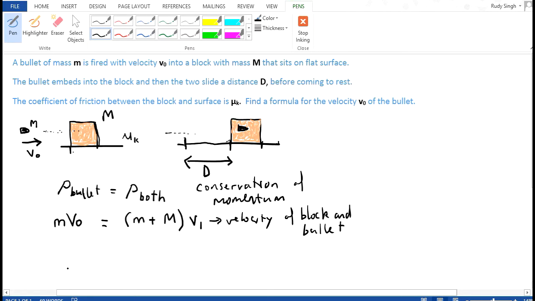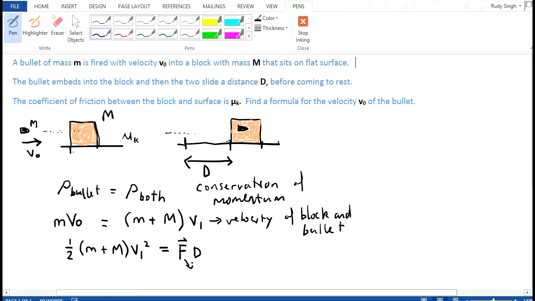Well, we also know that the energy is conserved. In other words, the kinetic energy, which is half m v squared, or half m plus big M, v1 squared, that's the kinetic energy of the block and bullet. That is equal to the force times the distance: the frictional force of the block and bullet, we'll call it F, times the distance it travels, d.